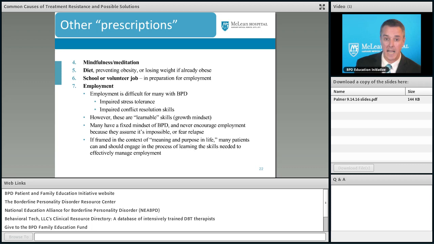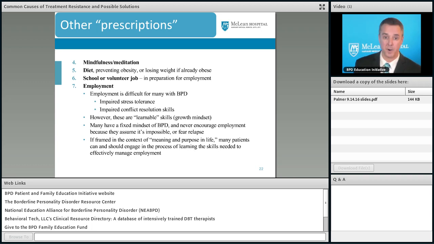We know that. And inflammation in the body is highly associated with depression, mood problems, sleep problems. So if somebody is obese, or slowly but surely gaining weight, focusing on diet can be helpful in the treatment. School or volunteer job in preparation for employment, and then employment.